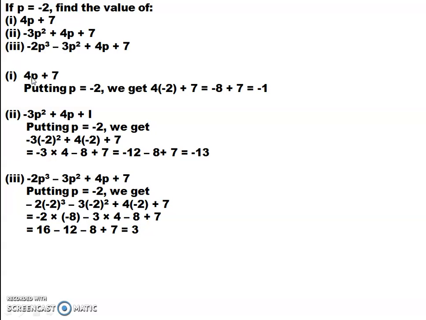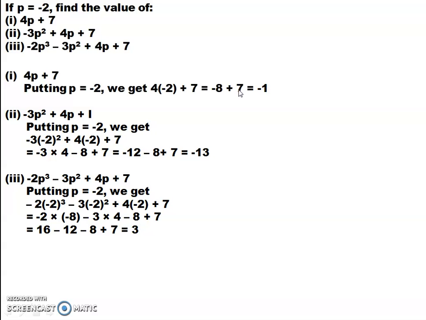Here, we are going to put the value of p as negative 2. So 4 into negative 2. What is the answer? Negative 8. Now plus 7, negative 8 plus 7. One number is negative, the other number is positive.